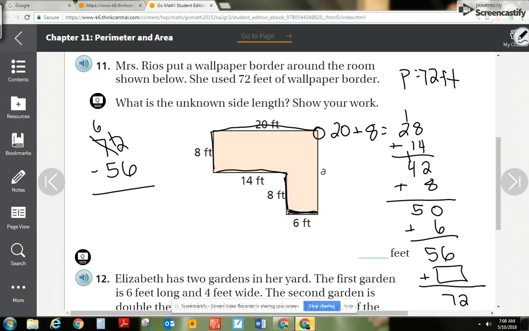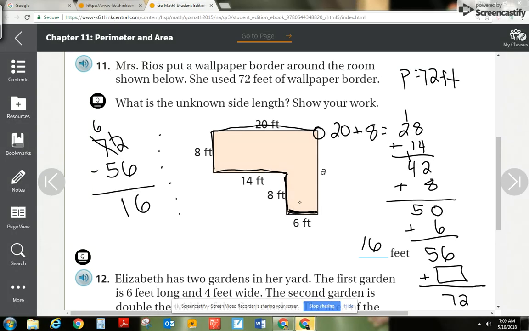So it becomes 12. 12 minus 6 is 6. And 60 take away 50 is a difference of 10, so 16. So A equals 16.